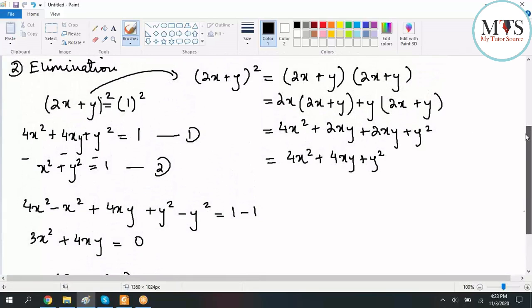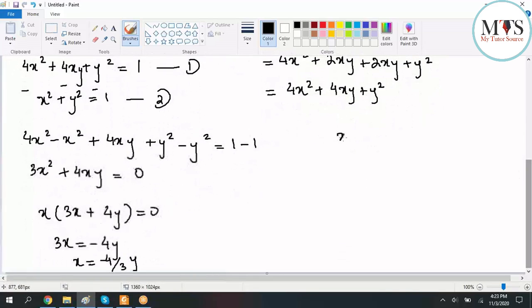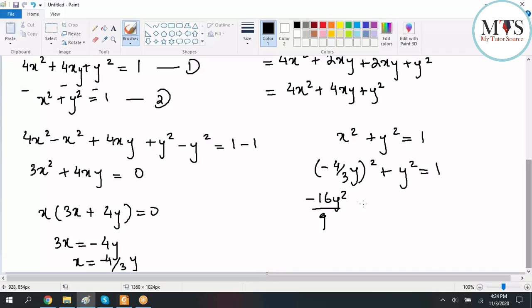Now what we do is we substitute this value in the second equation, x squared plus y squared equals 1. So since the value of x is negative 4 over 3 y, squaring it, this equals 16y squared over 9 plus y squared equals 1. Then 16y squared plus 9y squared over 9 equals 1.